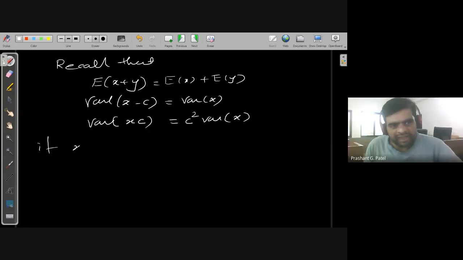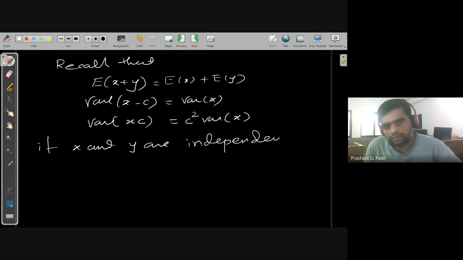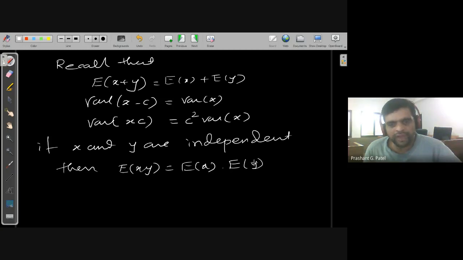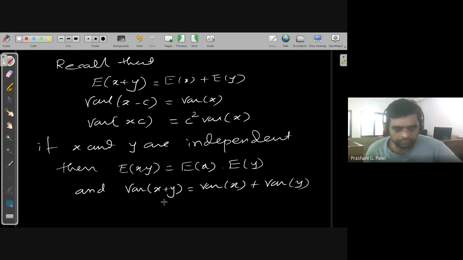And if X and Y are independent random variables, then E of X times Y will be E of X times E of Y. And this fact also implies that if X and Y are independent, then variance of X plus Y will be variance of X plus variance of Y. How can we see this?